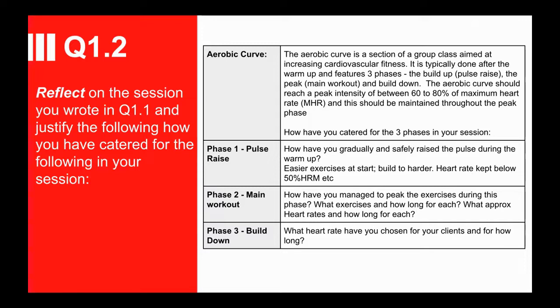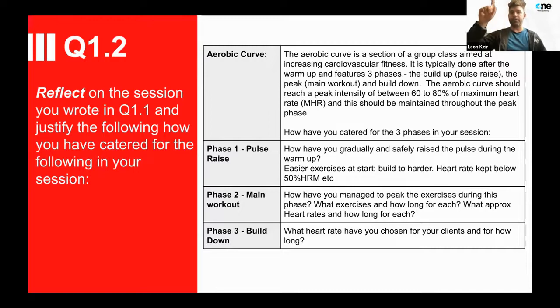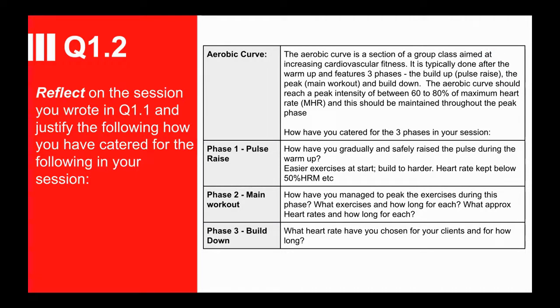Okay. So if we were to look at our client's heart rate graph at the end of the session, this is what we want to see. These peaks and troughs. Does that make sense? Yeah. So now we want to look at how our client's heart rate is going to come back down when we're doing our cool down.